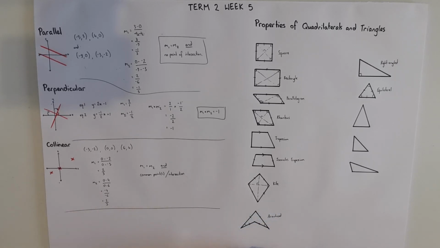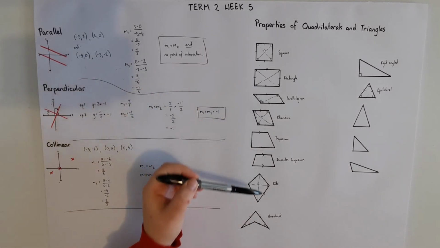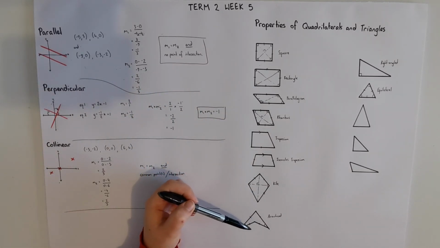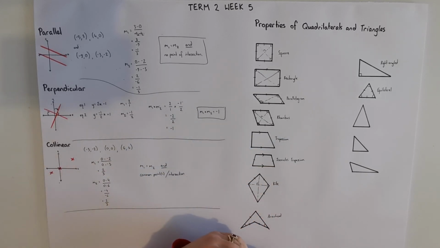That's something that comes in more in trigonometry, which is an internal we'll do later in the term. But it's still good to note what those properties are. Parallelograms and rhombus, kites, arrowheads, you may not be able to calculate some of these angles, but it's worth knowing the properties.